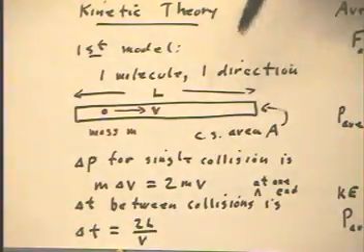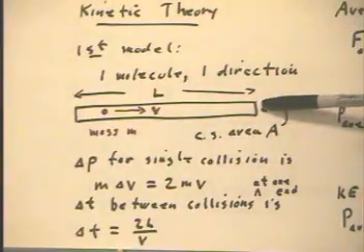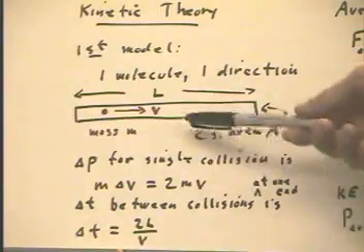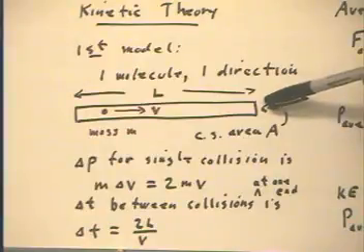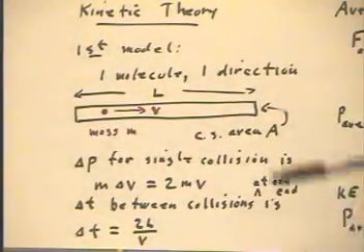Now that delta T is going to be whatever distance the object travels between collisions divided by its velocity. How far does the molecule travel between collisions with this end of the cylinder? It travels twice the length of the cylinder itself.